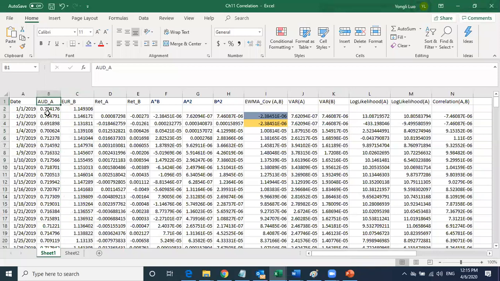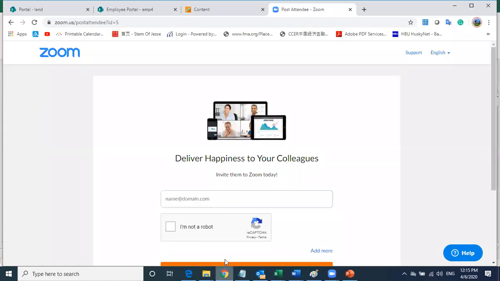So this one is asset A, this is asset B. You can use a different asset, or choose two different stocks. This is where I got the data.